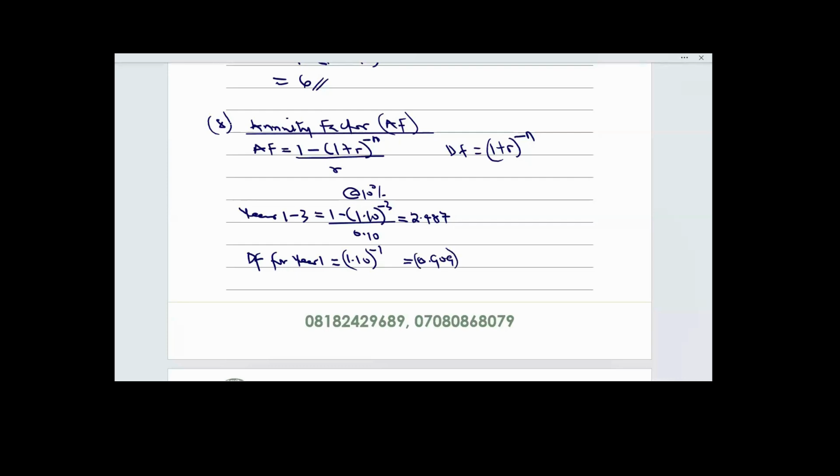So find the difference. This will then give us the annuity factor of years 2 to 3.